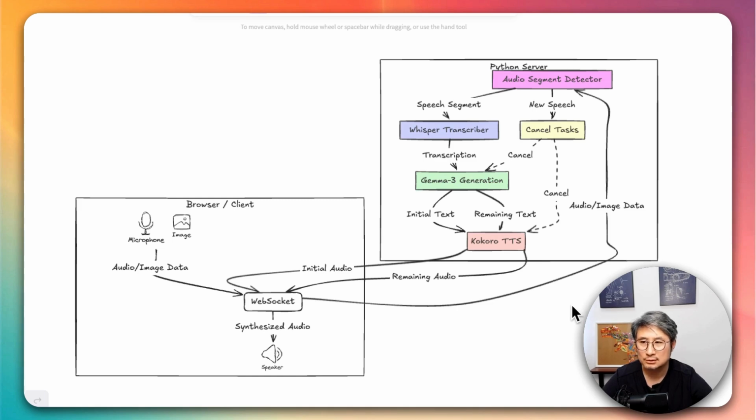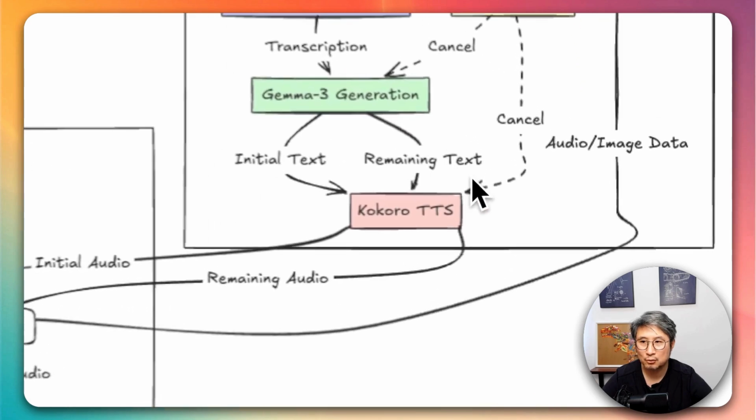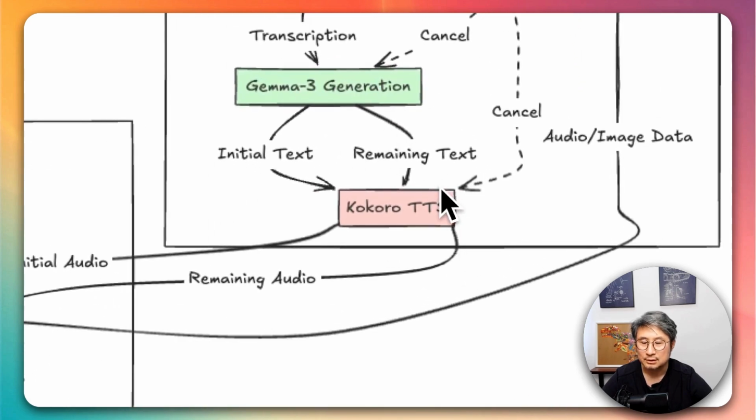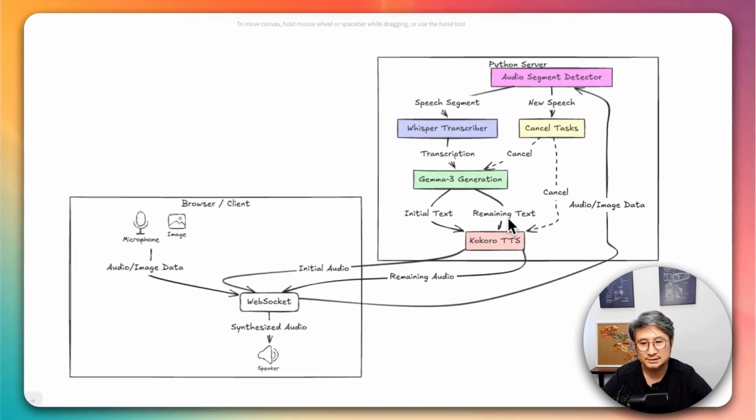Our solution is to use streaming and parallel TTS, to let the model generate text token by token, and we immediately begin synthesizing speech from the initial portion of the response text, in parallel with the ongoing text generation. This means the user starts hearing a response almost instantly. The remaining text is then synthesized block by block for higher quality output once it's available.